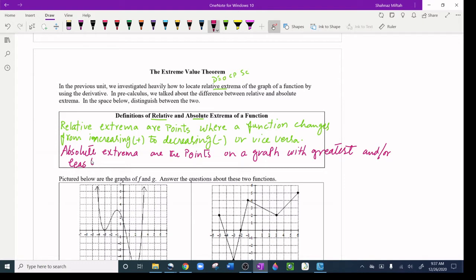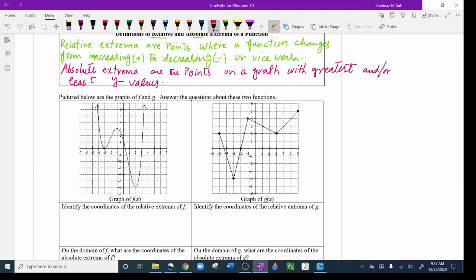So absolute is just regular y values, and you look for the greatest or the least y value, and that's your absolute maximum and absolute minimum. So let's try these and it will make more sense when we do examples.